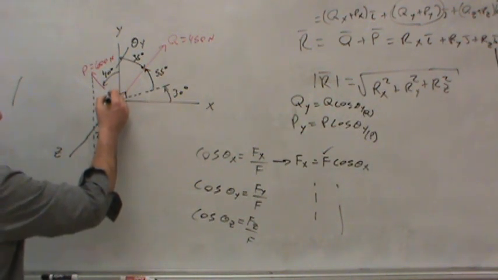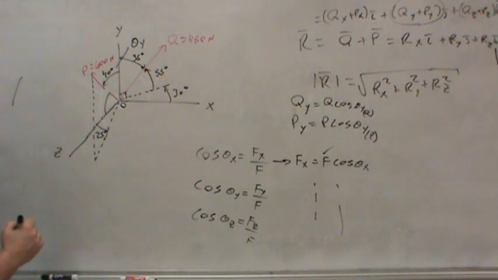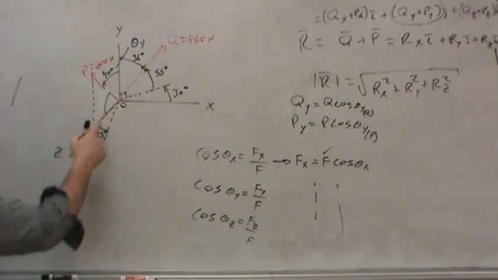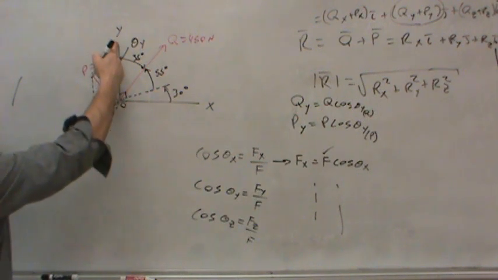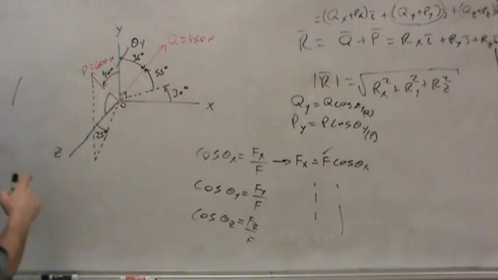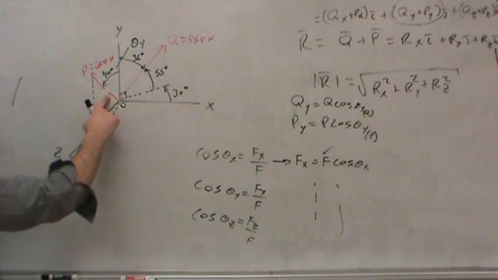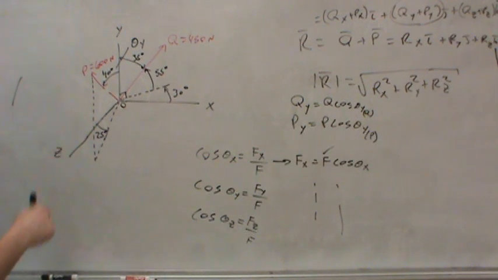So getting this angle here is not trivial. It's not a matter of taking 90 degrees minus 40 because there's not a 90-degree angle. In fact, this line and this line are not in the same plane. It's a good question, though. Anything else? You guys are asking good questions.